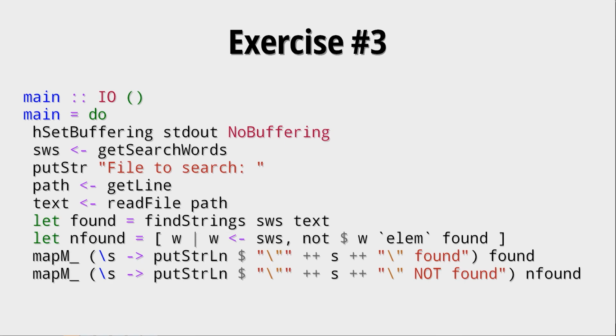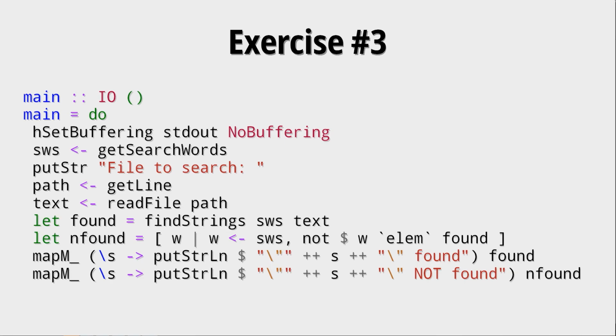So at first, it evaluates this IO action called getSearchWords. getSearchWords does the whole thing with asking the user for search words and handling this empty input and stuff like this, right? And in the end, sws will be a list of strings. That will be the list of all the search words.